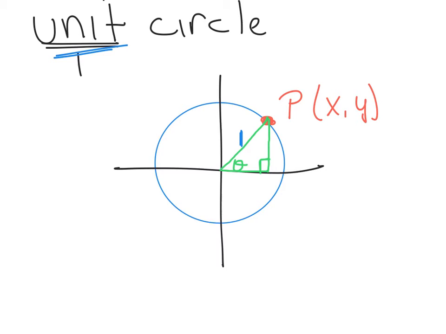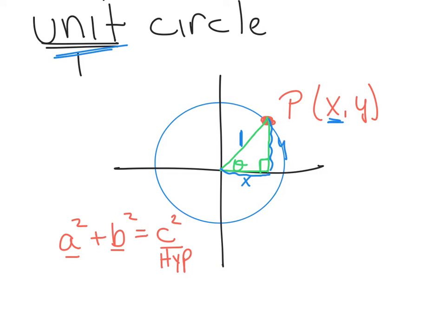Now I'm just going to assign some variables here. If I went over this distance, again that's my x value, and if I went up this distance, that is my y value. So according to the Pythagorean Theorem, which is a squared plus b squared equals c squared, a and b are sides, and c, remember, has to be the hypotenuse.